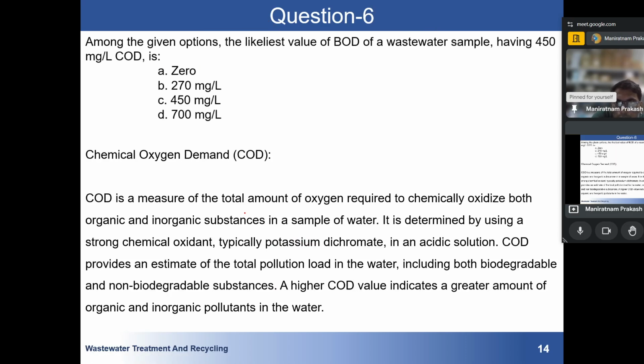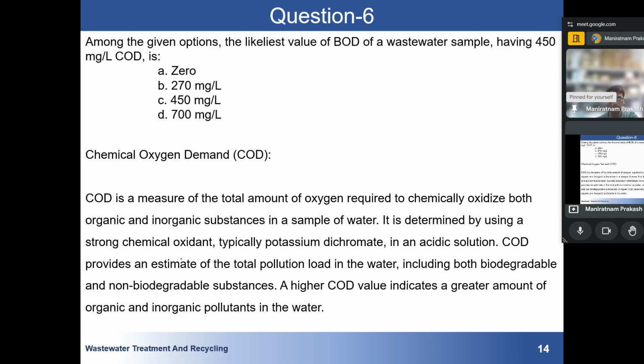Coming to the sixth question: among the given options, the likeliest value of BOD of the wastewater sample having this much milligram COD each. First know the full form of COD, that is chemical oxygen demand, meaning how much oxygen is demanded by all the chemicals present in your water.